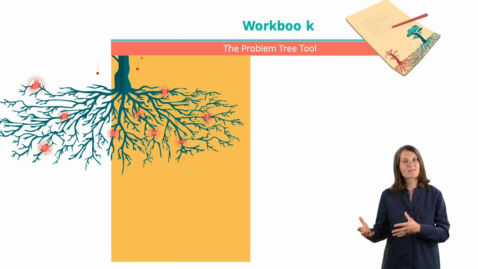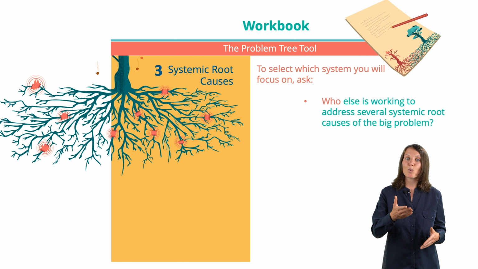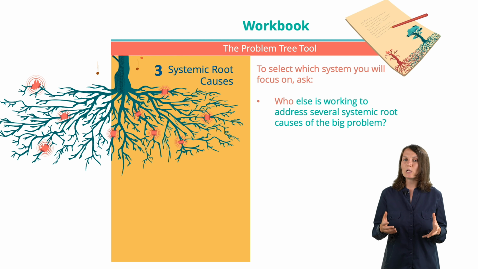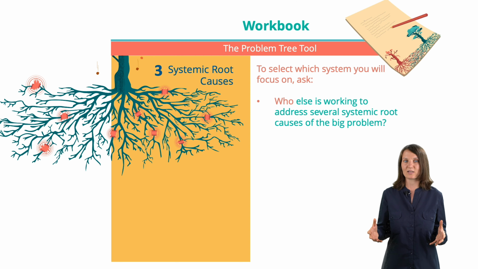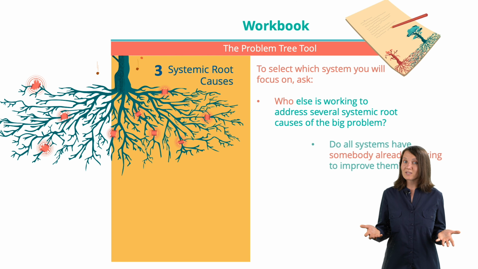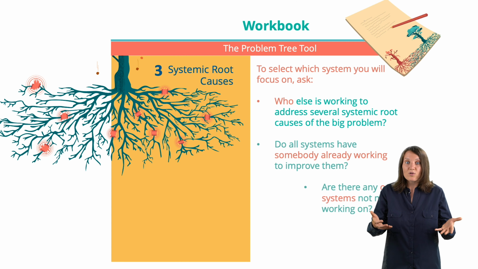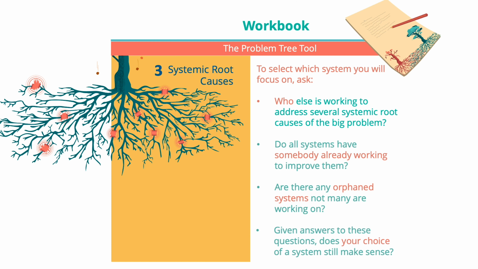When selecting the system to focus on, an important question to consider is who else is working to address several systemic root causes of the big problem. Recall other organizations doing good work to improve the systems you have listed. Do all systems have somebody working to improve them? Are there any orphaned ones? Given answers to these questions, does your choice of a system still make sense?